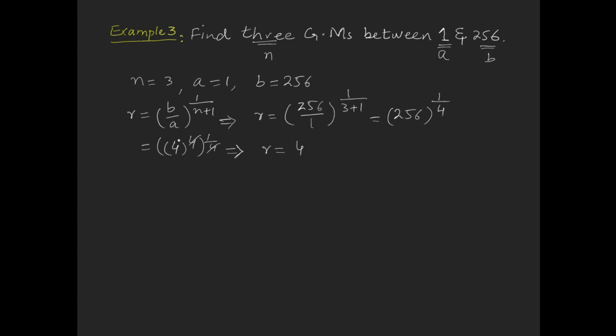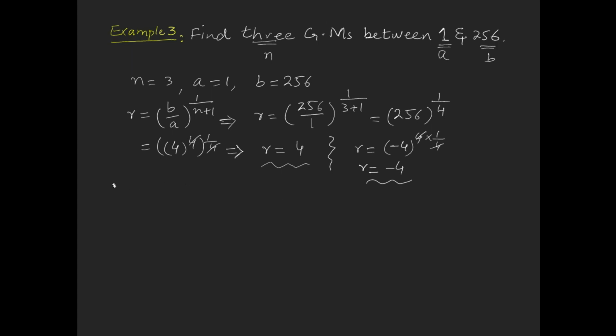We can also write 256 as minus 4 raised to the power 4, and minus 4 raised to the power 1 by 4. So R is equal to, in this case, minus 4. So both are the values of R. R is 4 and minus 4.